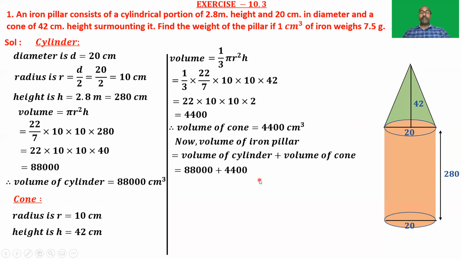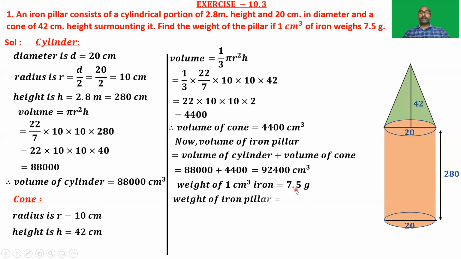So now the volume of the iron pillar is 92,400 cubic centimeters. But we have to find the weight of this pillar. It is given that 1 cubic centimeter of iron weighs 7.5 grams. So the weight of the total pillar is 7.5 into 92,400 grams.